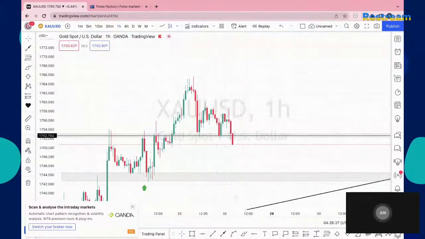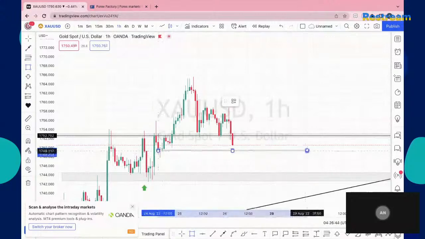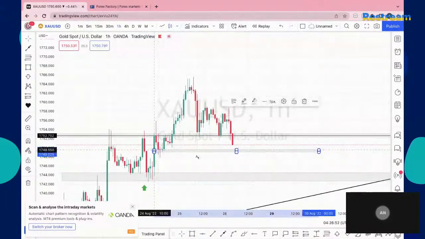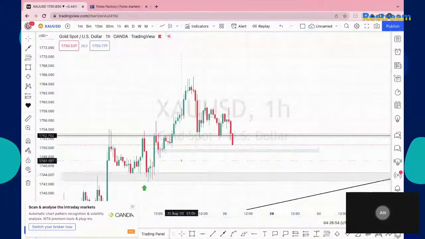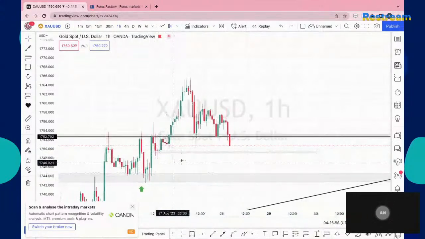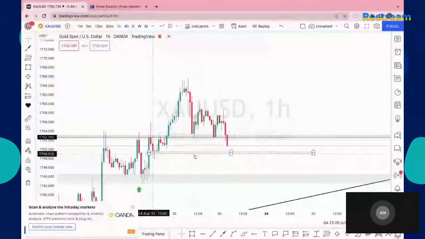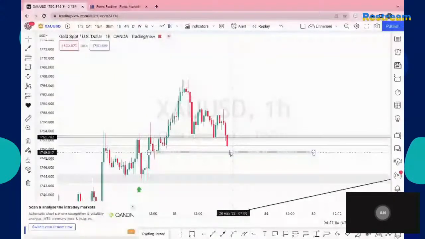So when I look, there is support here that was created here. We have to see whether we are going to break out of 1749, right?